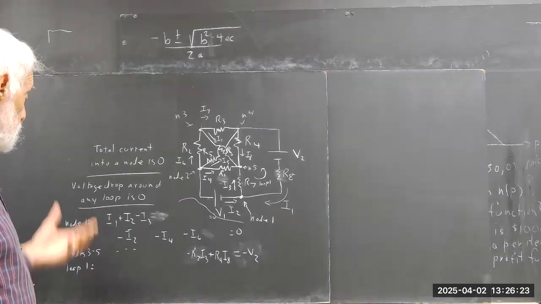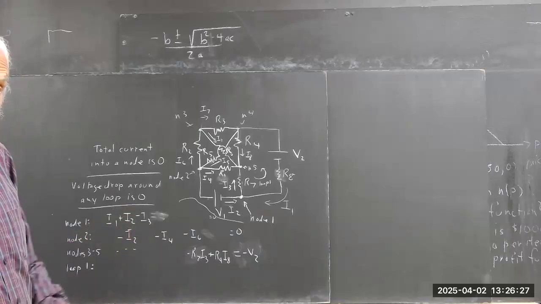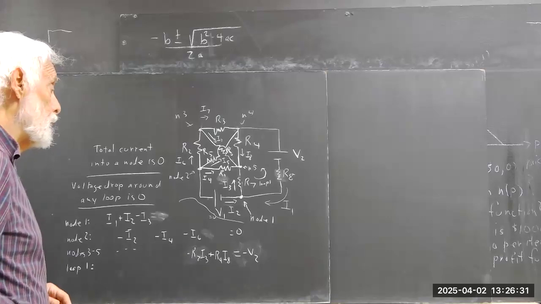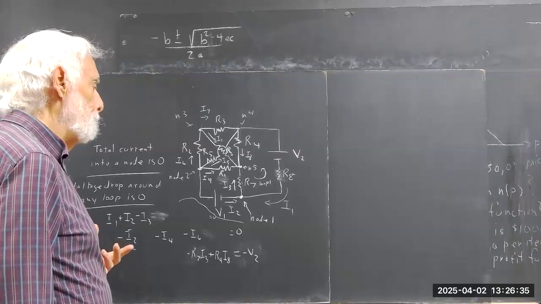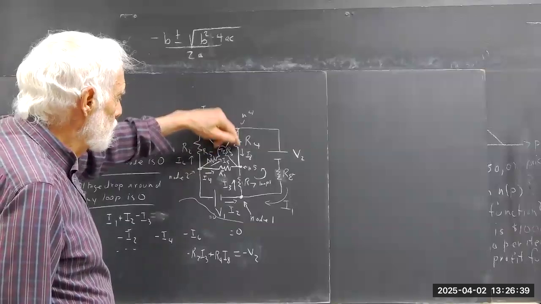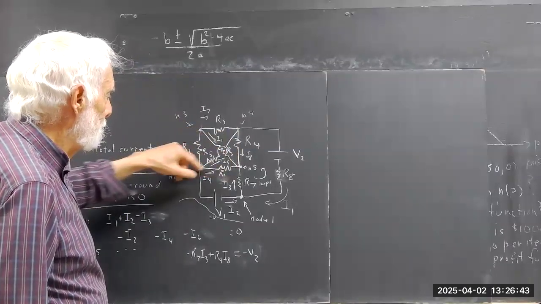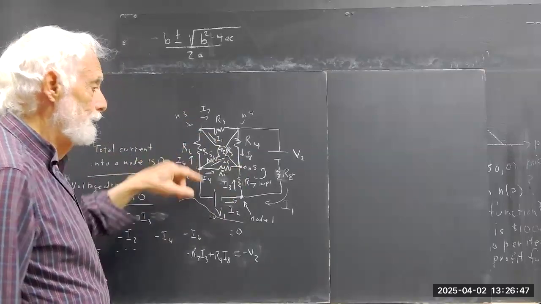Now we need two more loops because we need 5 equations. We will get a loop from each node, and you want to do that, okay? Because they're the easier ones to write. What other 2 loops do I want? Well, I could do this loop. That's a nice one. I could do this loop. Do this loop.